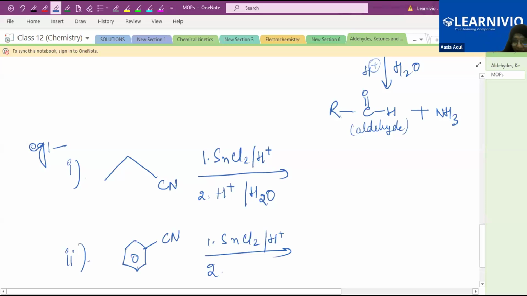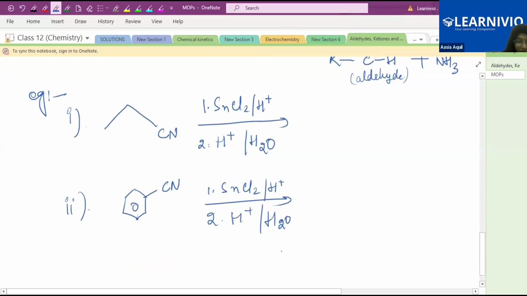One hydrogen will attach to this nitrogen and one hydrogen will attach to the carbon. So it will give you CHNH. After that, in the second step, when you do the hydrolysis, you will achieve the aldehyde plus ammonia. Okay, great. Just quickly do that and tell me the major product. You need to tell me the byproducts.